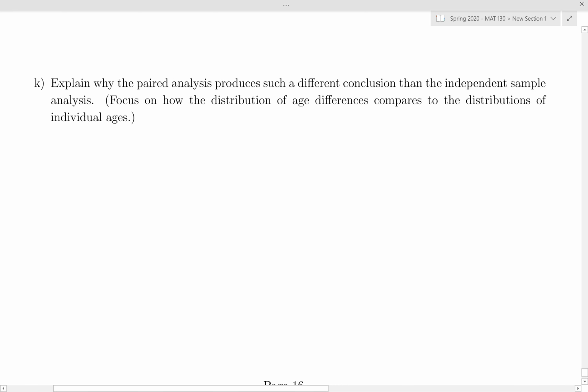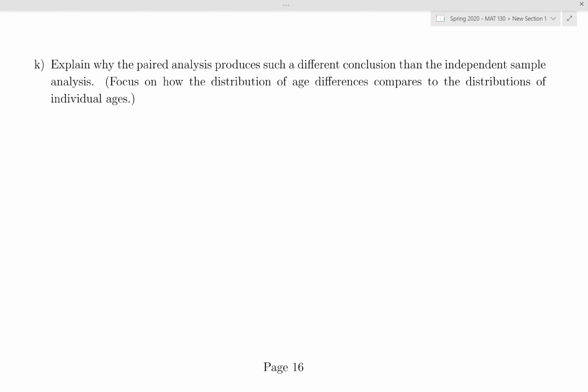All right. So the question is, why is it so different? And really, the different conclusion can be attributed to the fact that when we pair these data, that reduces the variability by a significant amount. Think of finding the standard difference in ages, right? There's a lot of older husbands, a lot of younger husbands, a lot of older wives.